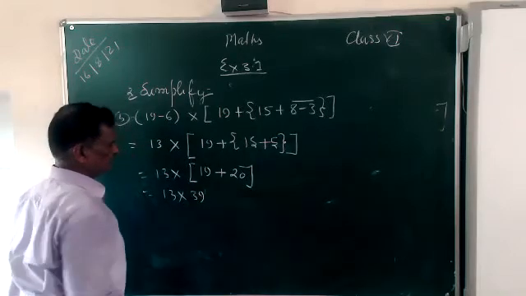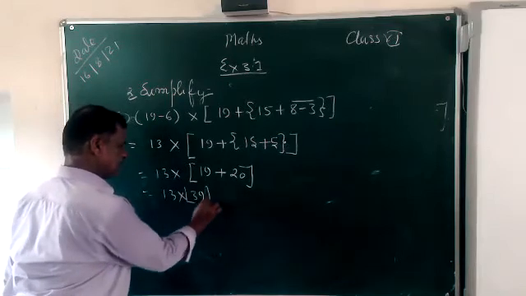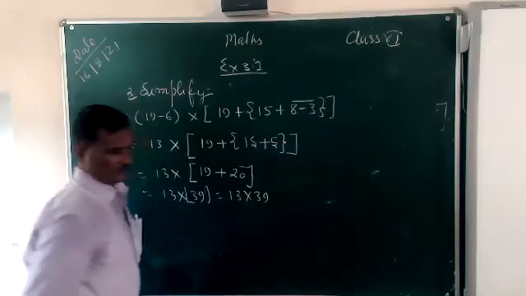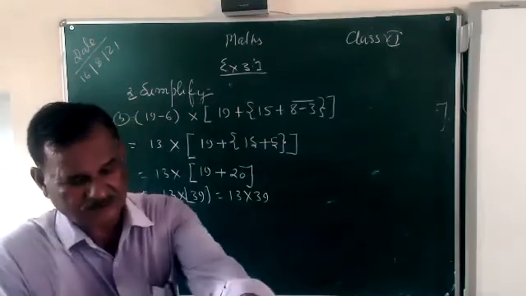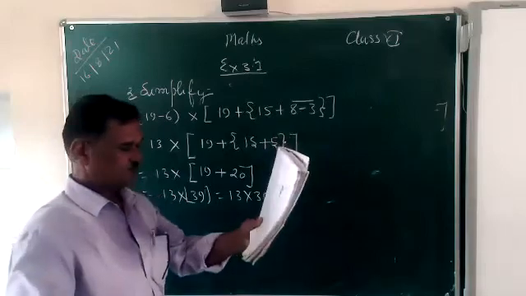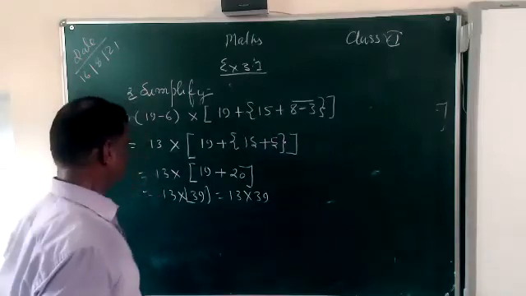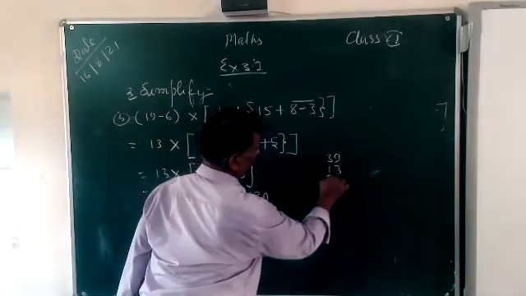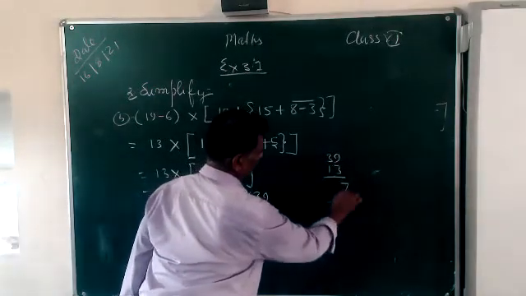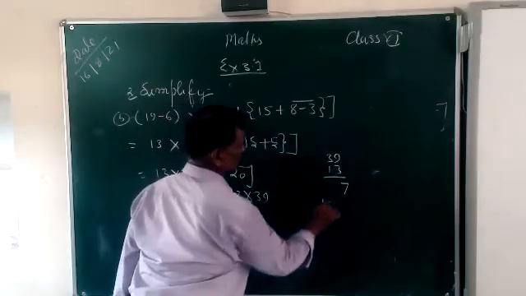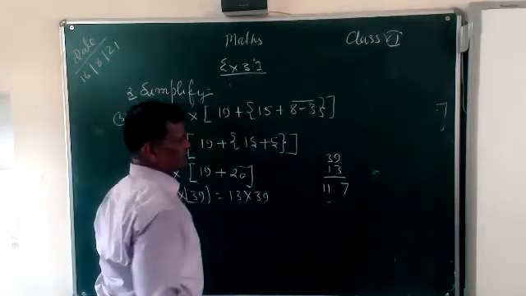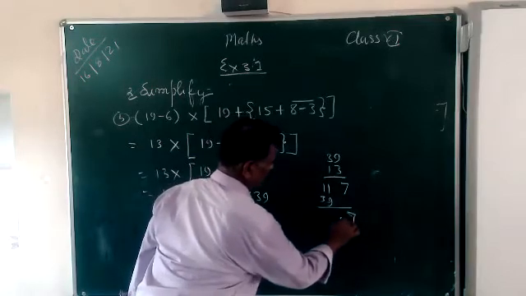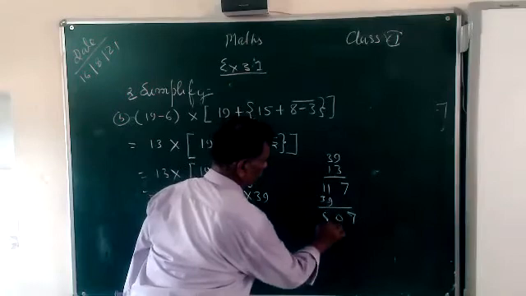39. Curly bracket here, remove curly bracket, that is 13 into 39. Now multiply and write its answer. Multiply 39 into 13.